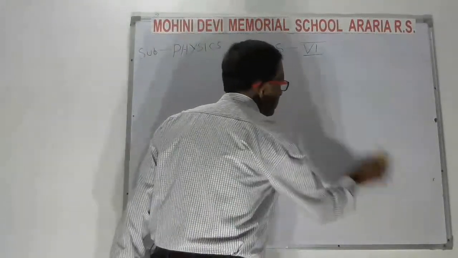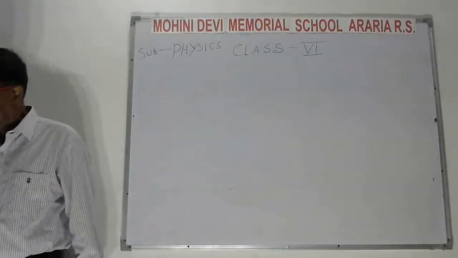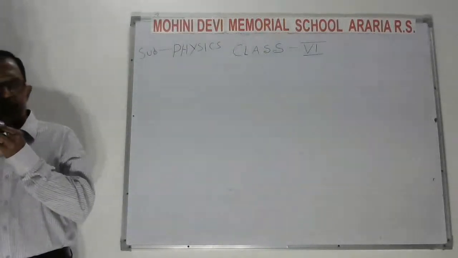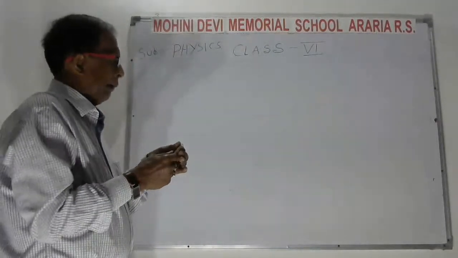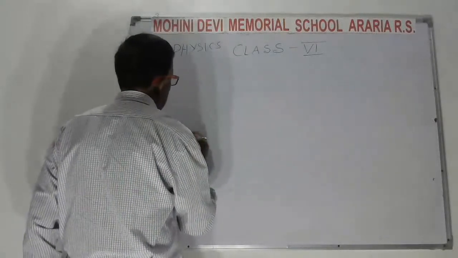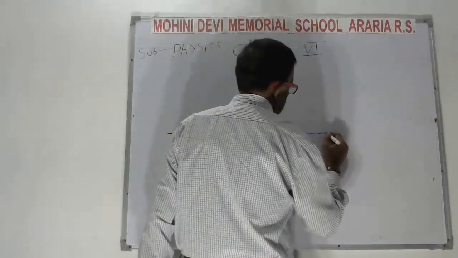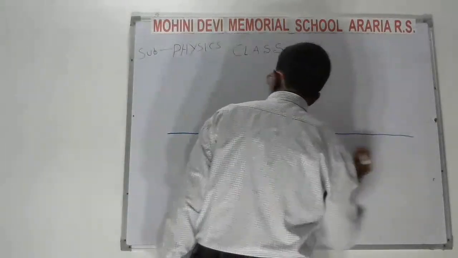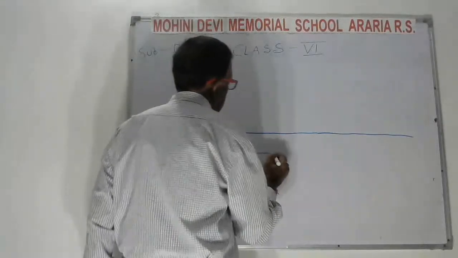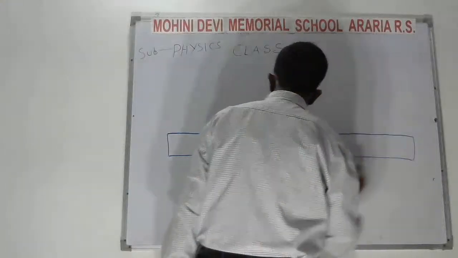See my children, the question is asking that while measuring the length of a knitting needle, the scale is here. You have a meter scale. It means it can measure 1 meter distance, and it is divided in two scales.